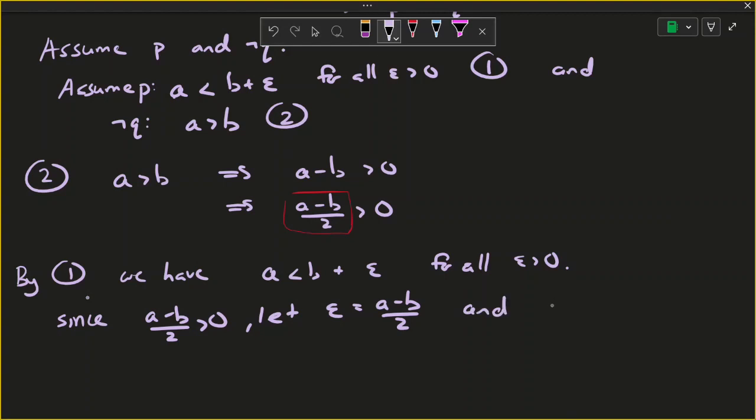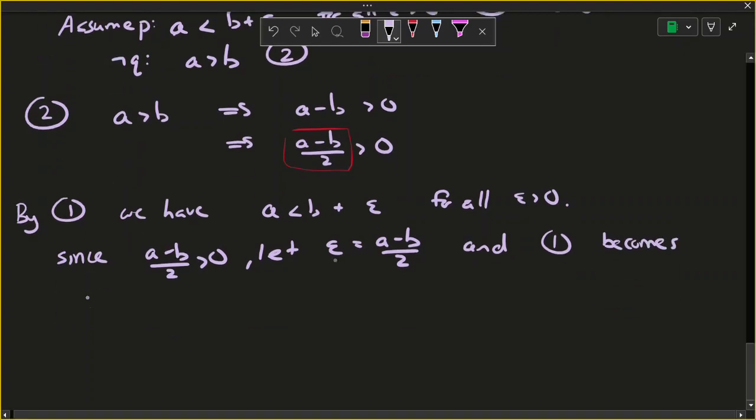And inequality 1 becomes, so I'm just going to take this epsilon, plug it into there, and rewrite this expression: A is less than B plus (A minus B) over 2.